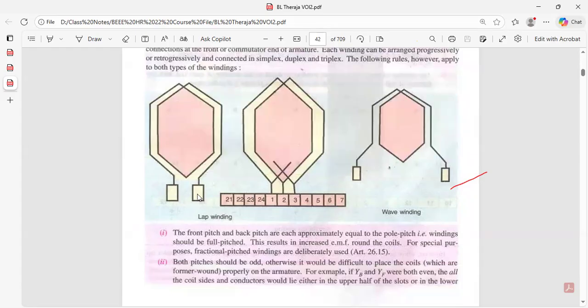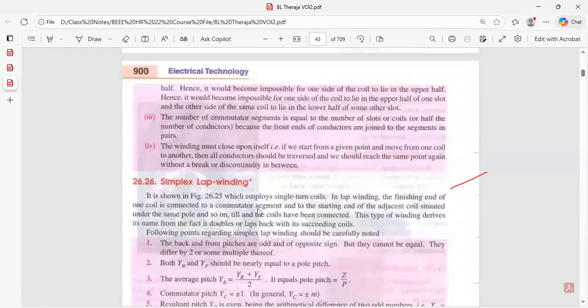And wave winding means if the starting point is under the north pole, the finishing point will be under the south pole. This is called wave winding. Suppose the starting and finishing are both under the same pole, north pole or south pole, that is called lap winding. Okay.